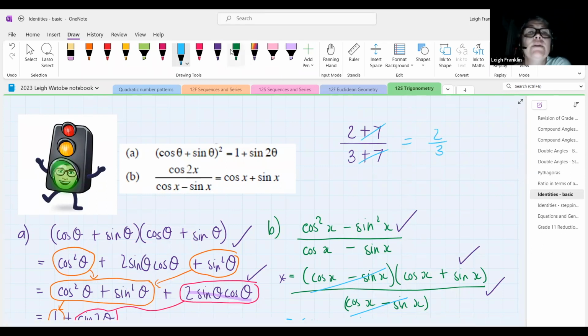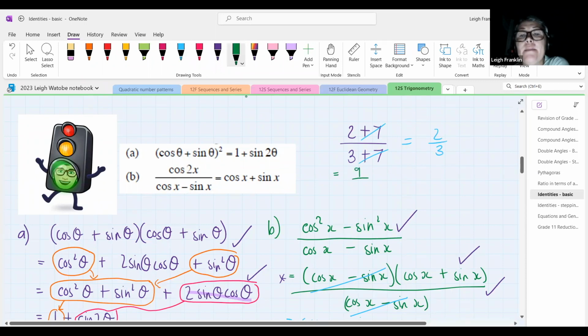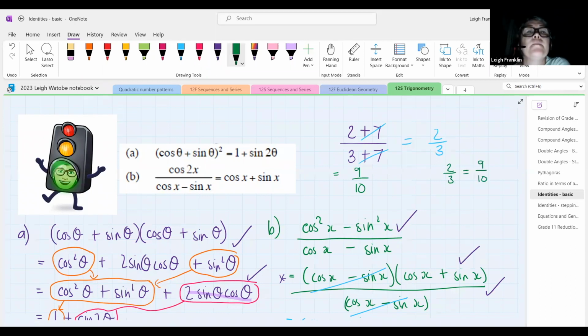But if I do it a different way, and I add my numerators together and I add my denominators together, are 2 over 3 and 9 over 10 equivalent fractions? Is 2 over 3 equivalent to 9 over 10? No. So you cannot cancel over plus and minus signs.